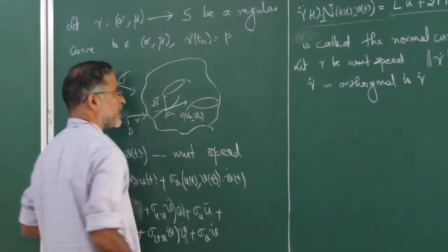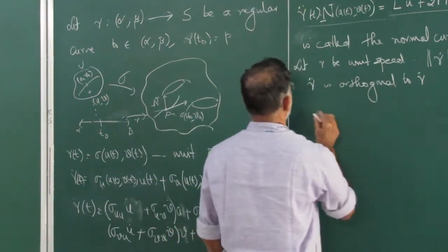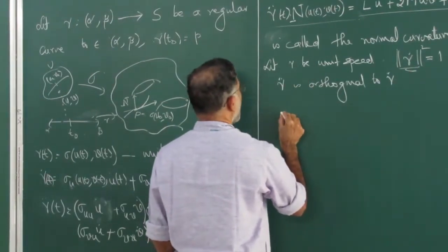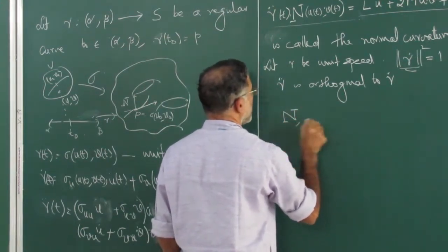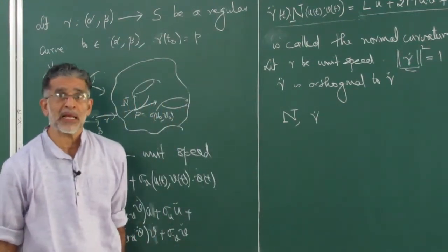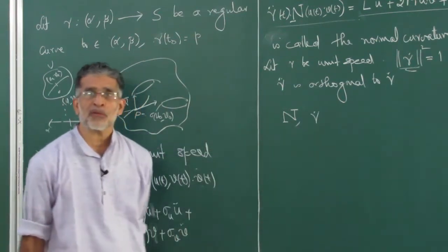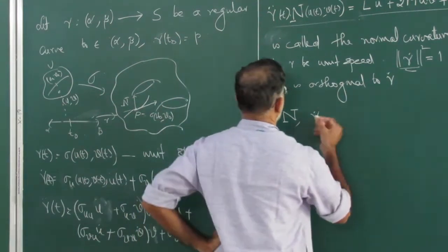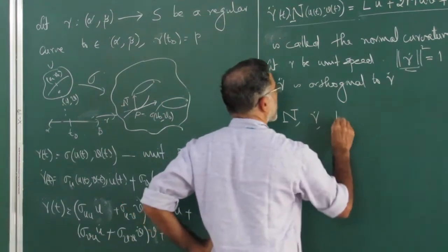So gamma dot is a tangent vector, and it is also a unit vector. So we have the normal and gamma dot orthogonal to each other. They are orthonormal actually. So in R3 you need one more vector to make it a basis. It's standard: if you have two orthonormal vectors in R3, just take the cross product to get the third one.